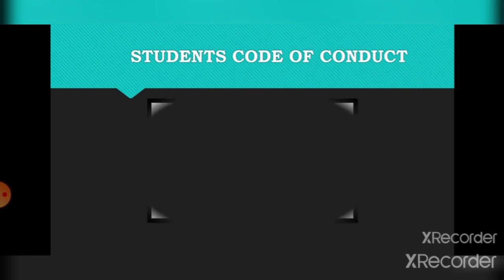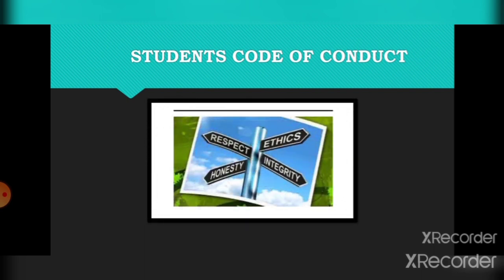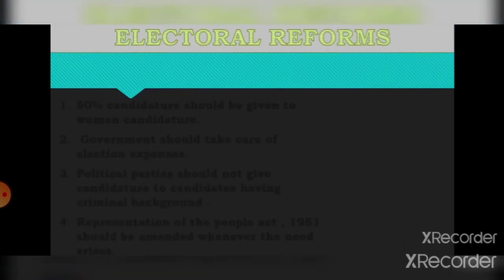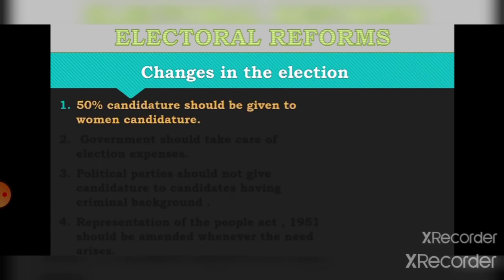Students' code of conduct. You're expected to respect, you're expected to be honest, there should be certain ethics, integrity. So these are the code of conduct rules which we expect from you. Electoral reforms: what reformations have been made and what changes have been brought, we are going to look at that. Changes in the elections.